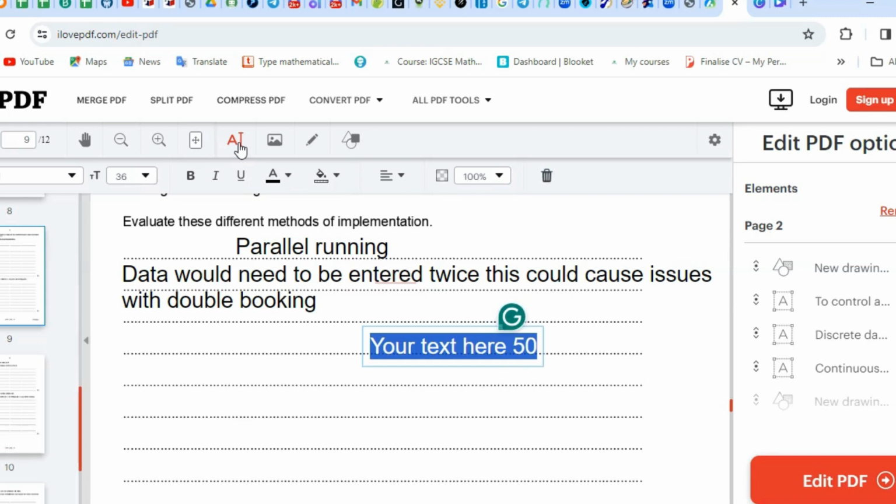A system is always in place. So that is another one for parallel running.